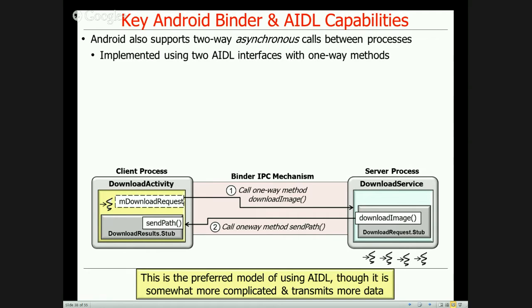Another thing that you can do with this, and we'll see this when we talk about the Acronym application in a second, is pass back much more useful error information, because you can provide different kinds of error methods on the download results interface. So if something goes wrong on the server side, you can call some kind of error handler. One of the other things is that there's no way of passing exceptions back from sender to receiver with AIDL. So this is probably the cleanest way of passing an exception back: define an error method that gets called back if something goes wrong.